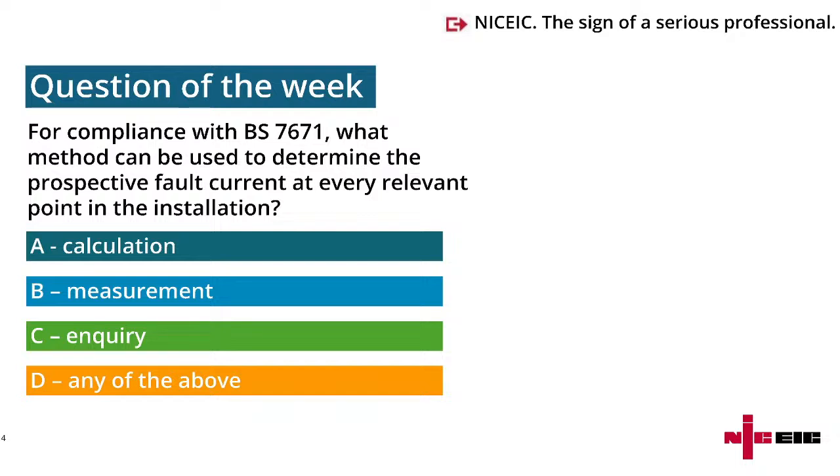So the question was, for compliance with BS 7671, what methods can be used to determine the prospective fault current at every relevant point in the installation? And the options were: A, can you do it by calculation? B, can you do it by measurement? C, can you do it by inquiry? Or D, can you do it by any of the above?